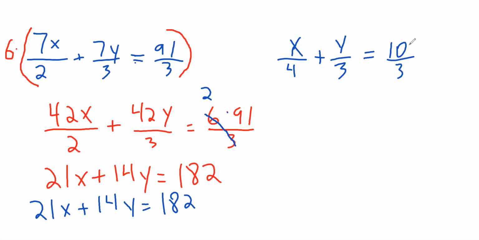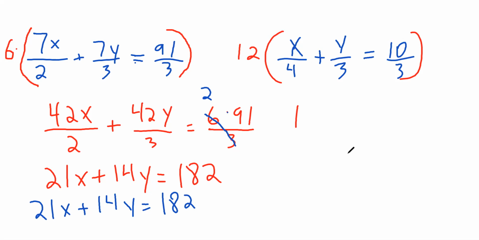Next up, over here, the second equation, you notice we've got denominators of 4 and 3. The LCD of that is going to be 12. So I'm going to multiply both sides by 12. And this time I suppose I'll just leave the 12 written there.